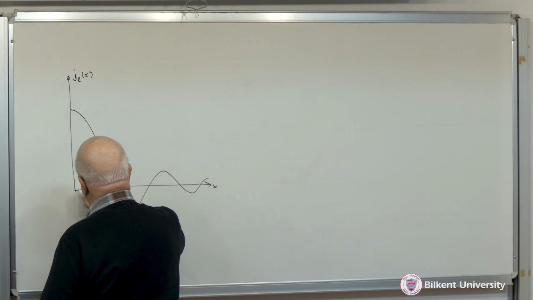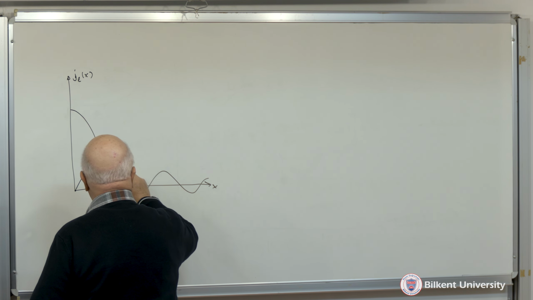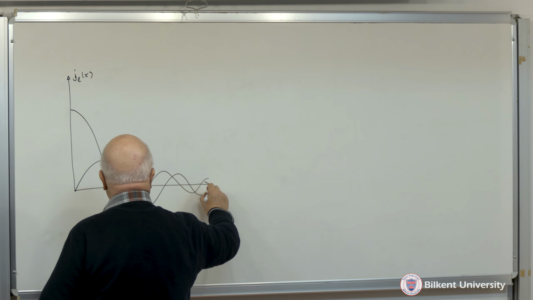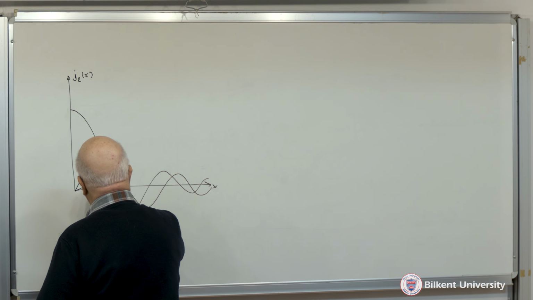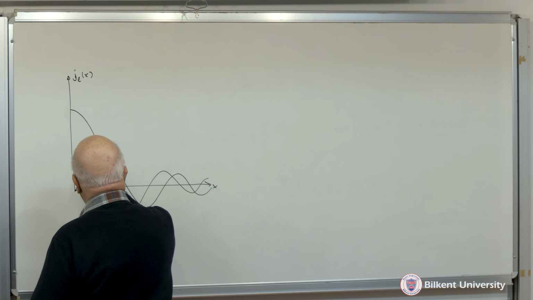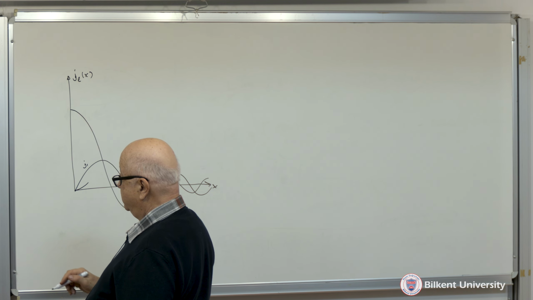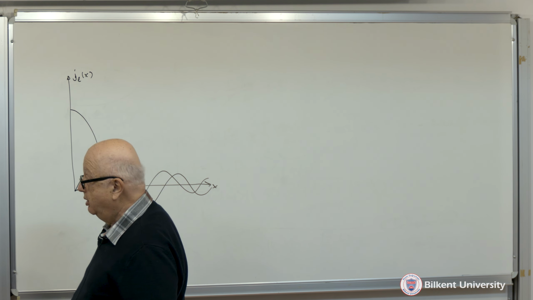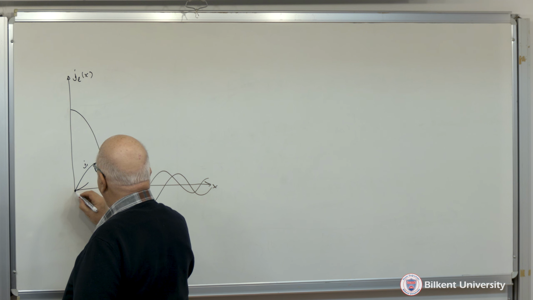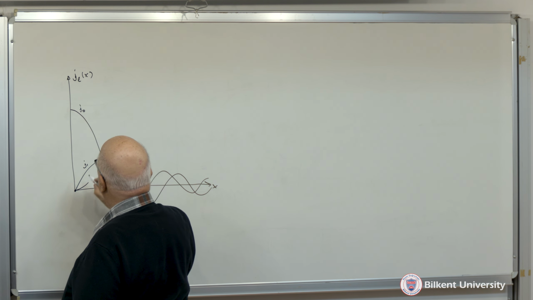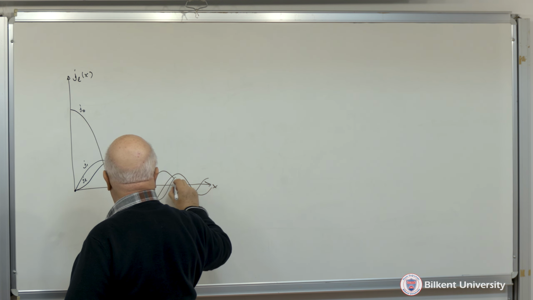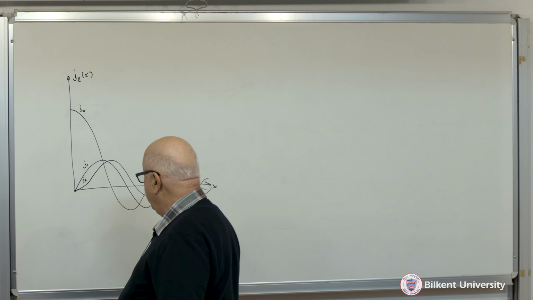J1 starts out linearly and does something like this. It should start at, shouldn't J1 start at 1? No, it goes like x to the 1. So this is J0, J1, J2 starts quadratically and does something like that, roughly, obviously.